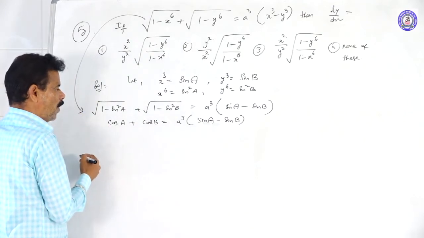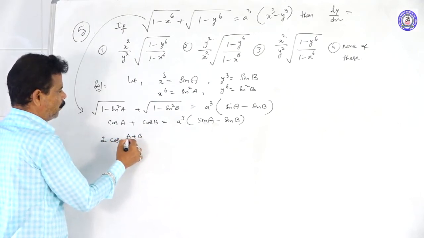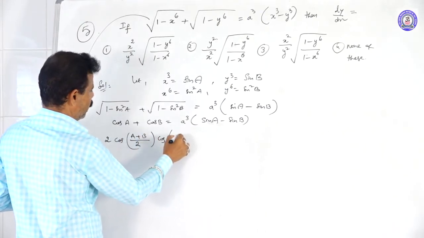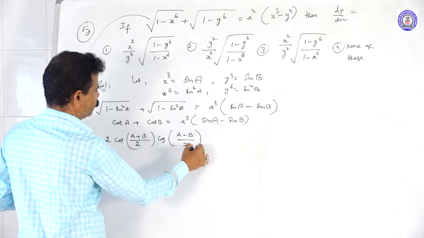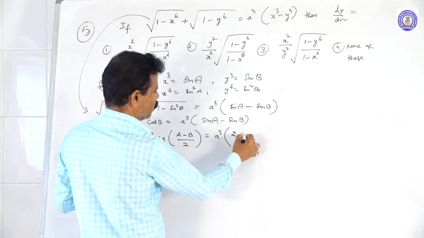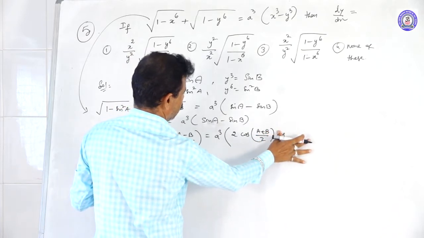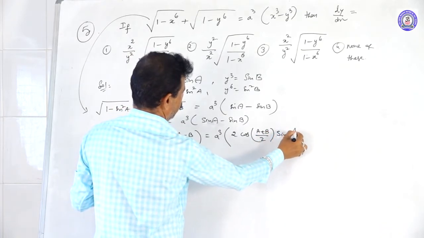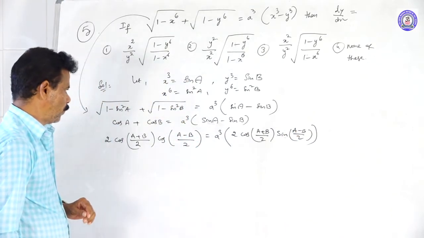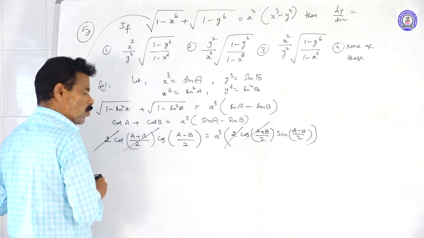We know this formula: cos c plus cos d is 2 cos of c plus d by 2 into cos of c minus d by 2, and sin c minus sin d is 2 cos of c plus d by 2 into sin of c minus d by 2. So on both sides, 2 gets cancelled, and again cos of a plus b by 2 is the same term.